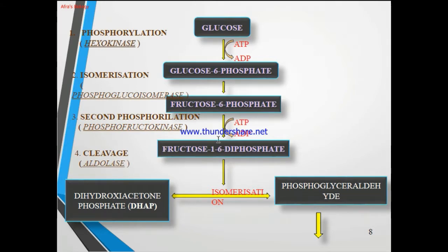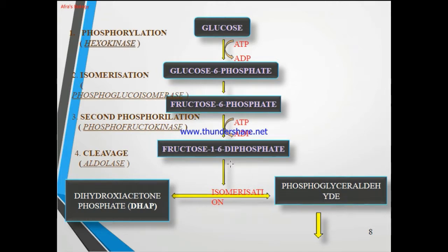Now step 4, the cleavage. Cleavage means that fructose 1,6-diphosphate, or bisphosphate, is converted into two different molecules: dihydroxyacetone phosphate, shortly called DHAP, and another one called phosphoglyceraldehyde. Now remember, dihydroxyacetone phosphate and phosphoglyceraldehyde are isomers of each other, they are interconvertible.